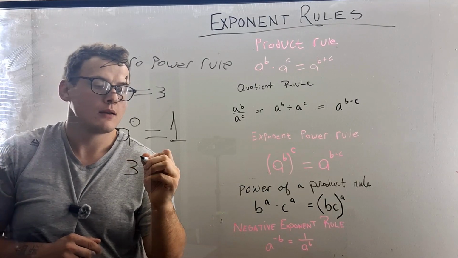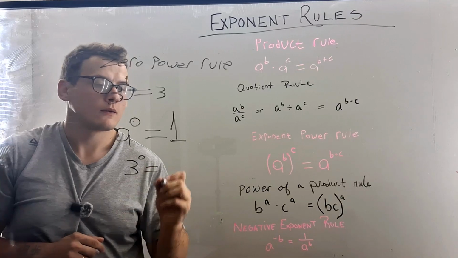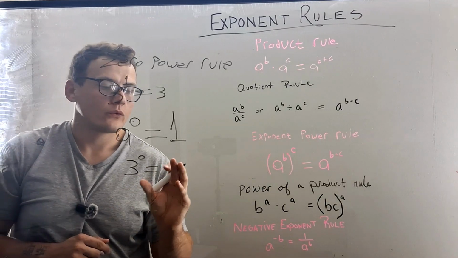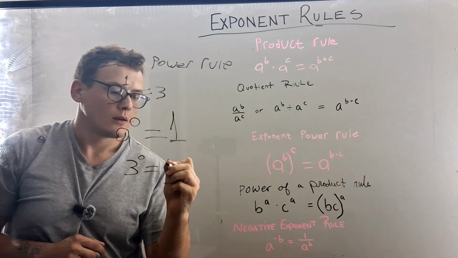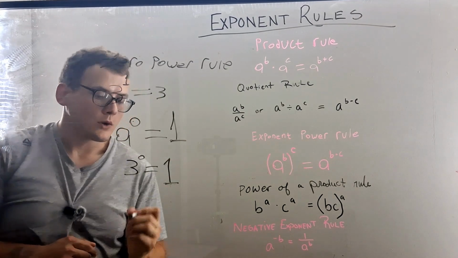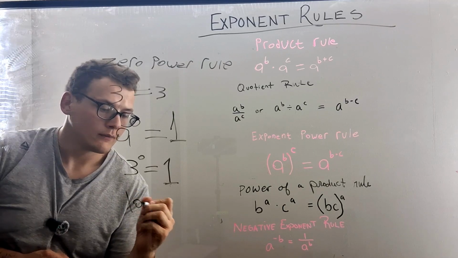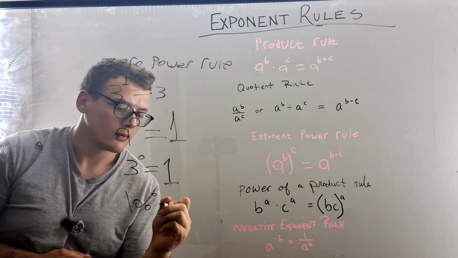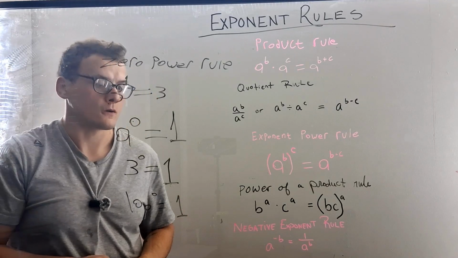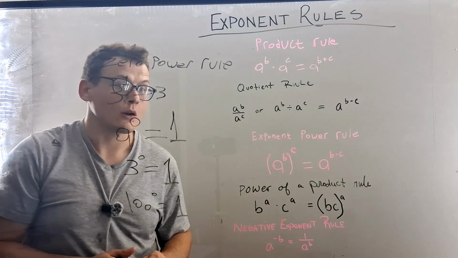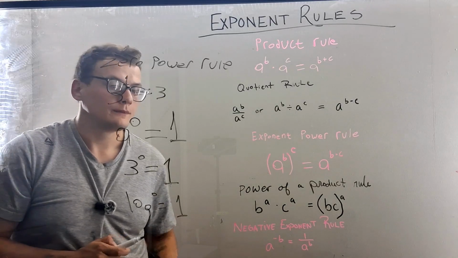So 3 raised to the 0th equals 1. I know that. 100 to the 0th equals 1. That's the zero power rule. Anything raised to 0 equals 1.